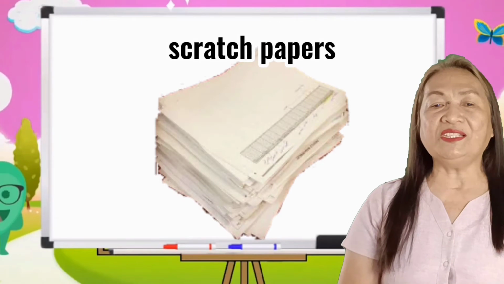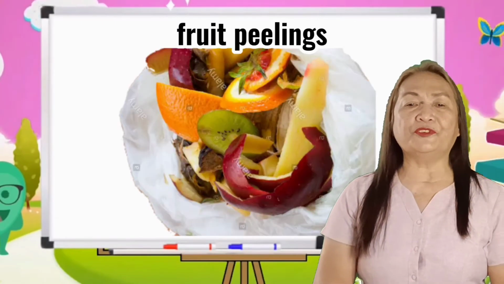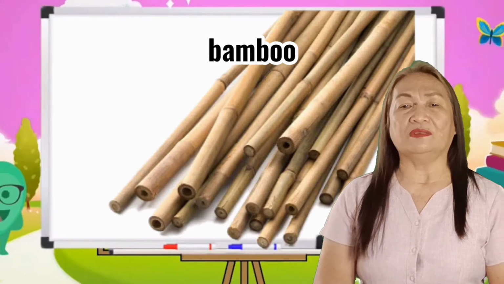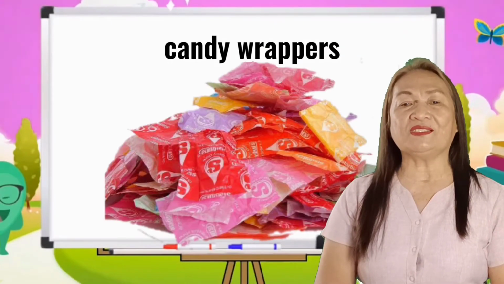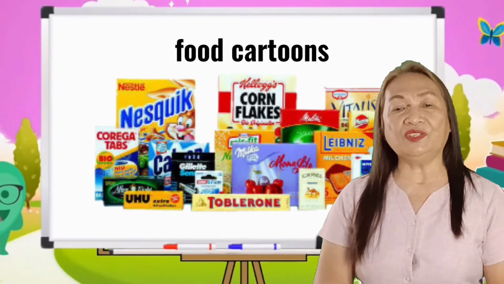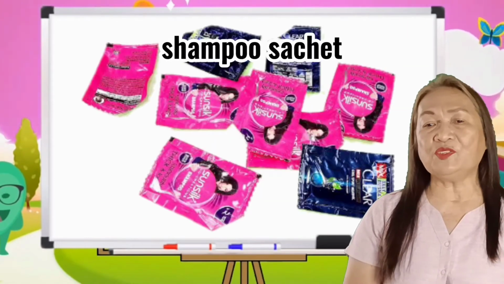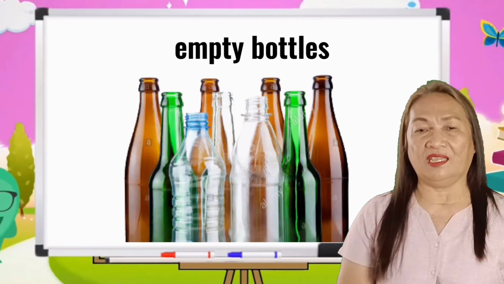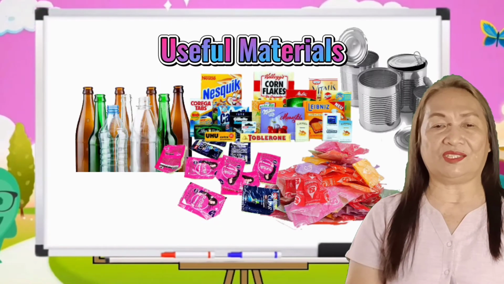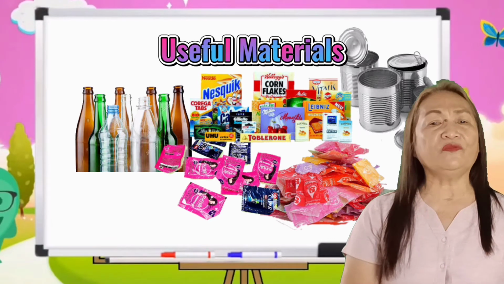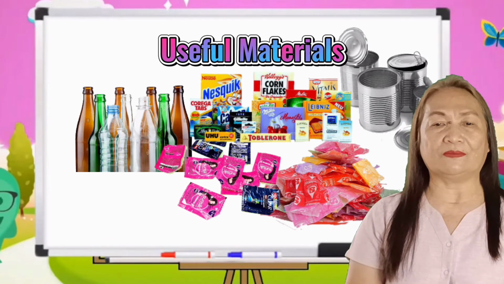Examples are scratch papers, fruit peelings, bamboo, candy wrappers, food cartons, tin can, shampoo sachet, and empty bottles. Those are the examples of useful materials.